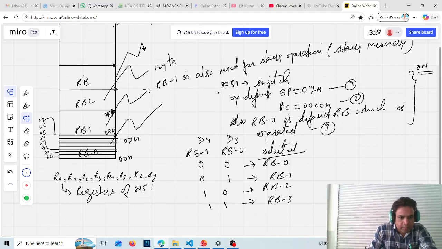This last 07 is this location. Now, we have also assigned these addresses to these registers R0, R1, R2.